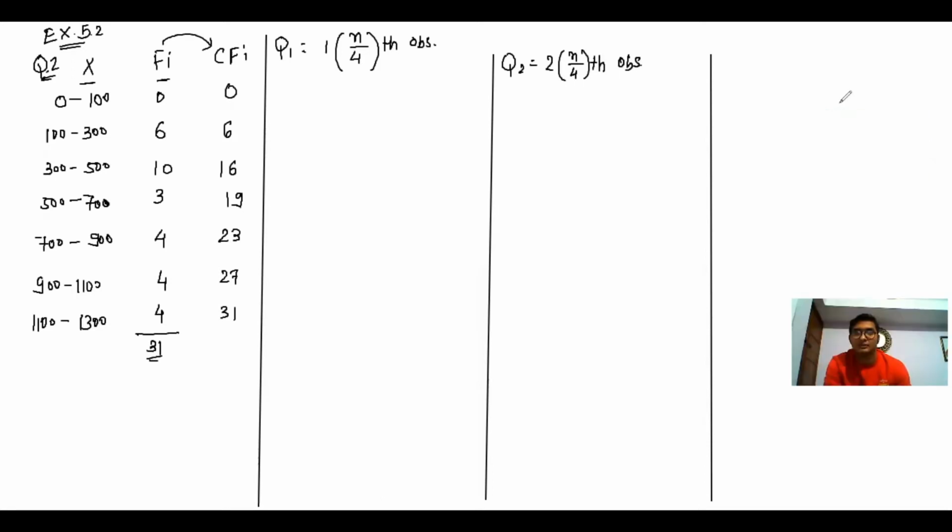Then Q3 is 3 n by 4th observation. Here the value of n is 31, so 31 by 4th observation. It means we got the answer 7.75th observation.